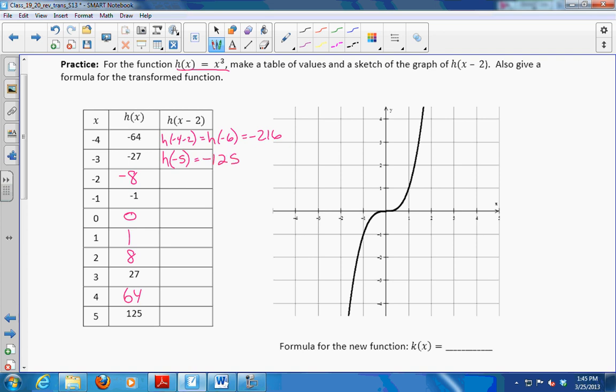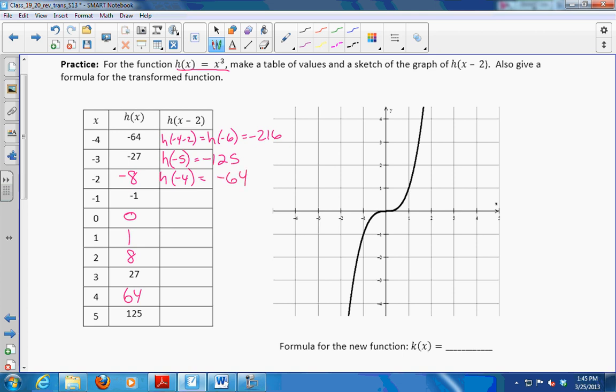And then this becomes h of negative 4. When you cube negative 4, I happen to know because I can look up in this table, x is negative 4, h of x, which is negative 4 cubed, is negative 64.